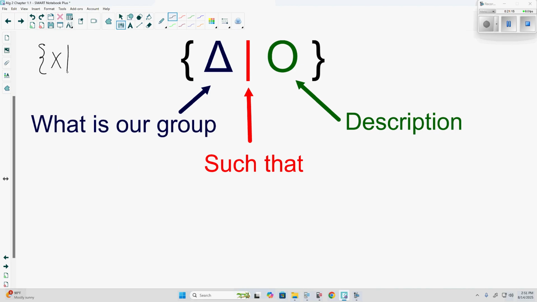Such that, now we're going to give a description. I'm going to say that x is greater than or equal to 0. So we've said the set of all real numbers x such that x is greater than or equal to 0.